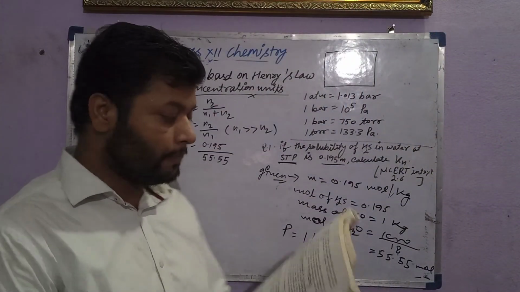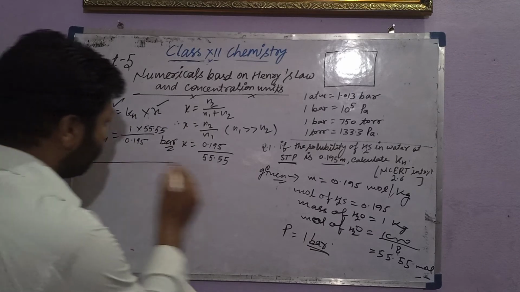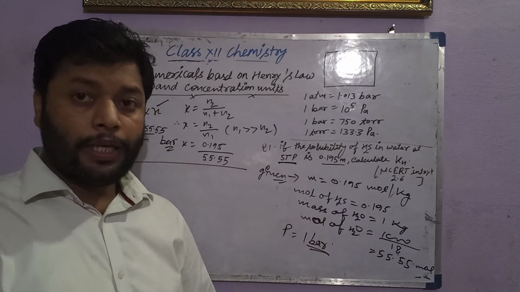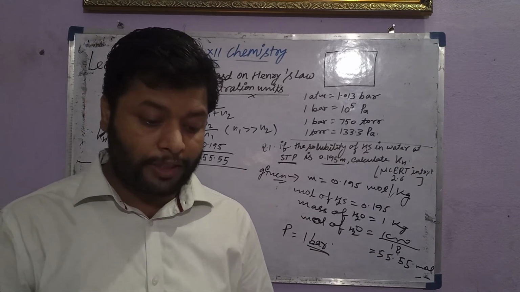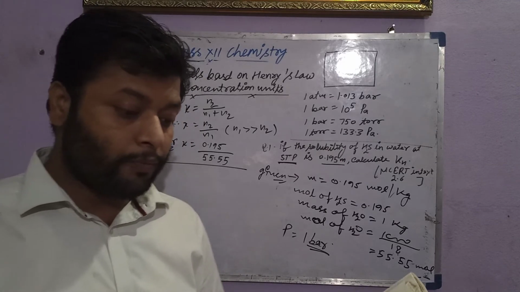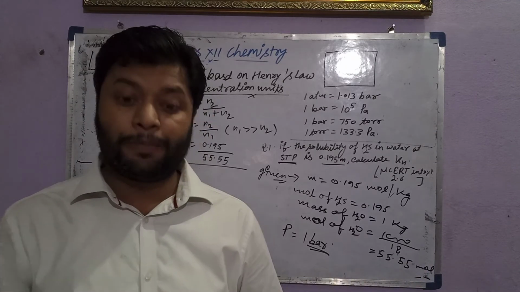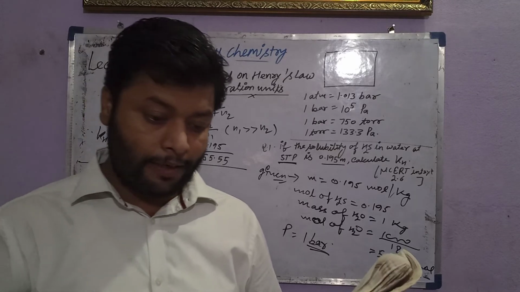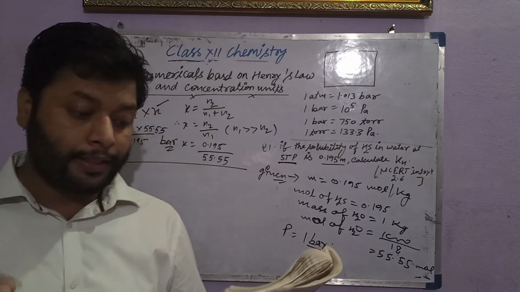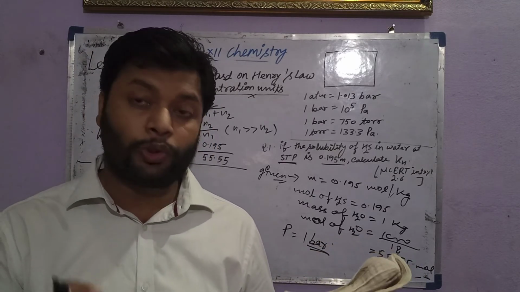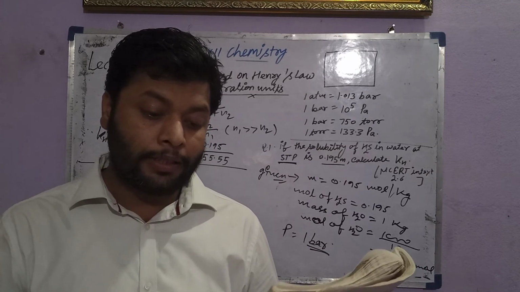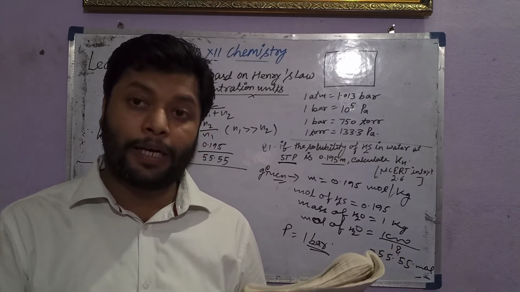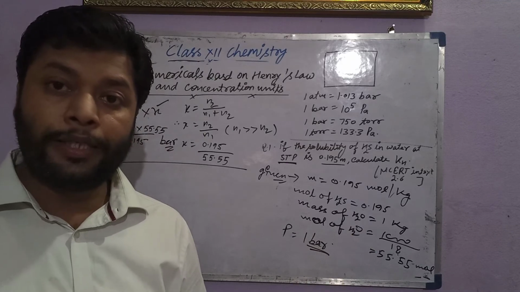Second question is about Henry's law constant for CO2 in water, which is 1.67 into 10 to the power 8 Pascal at 298 Kelvin. Calculate the quantity of CO2 in 500 ml of soda water when packed under 2.5 atmosphere of CO2 pressure at 298 Kelvin.